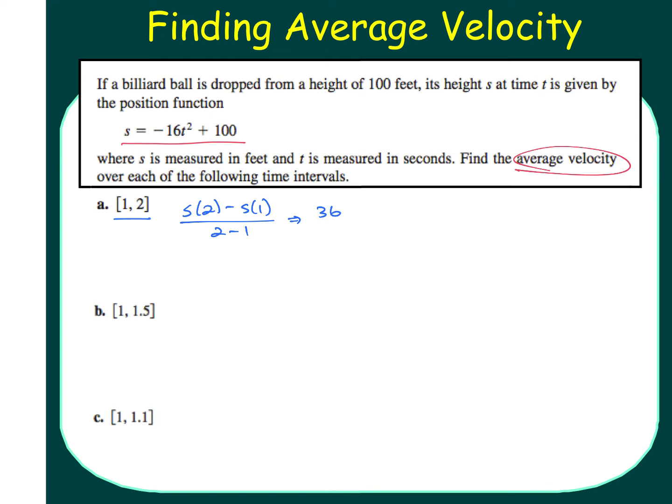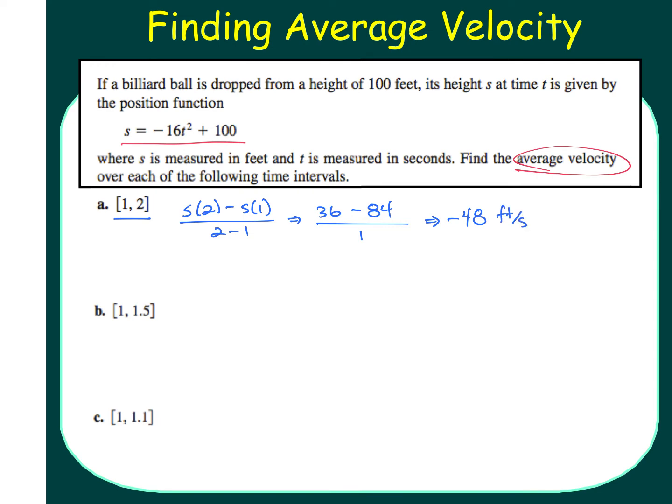So now we have 36 minus, now we substitute in 1. So 1 squared is 1 times negative 16, plus 100 is 84. So I have 84 right there, and then it's all over 1. So 36 minus 84 is negative 48. And my units would be feet per second.